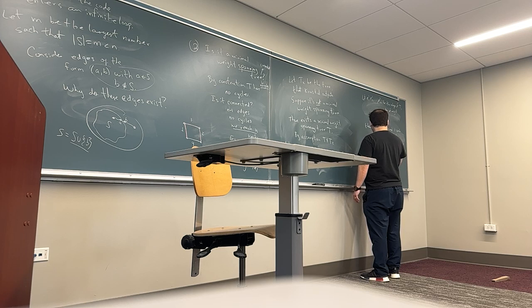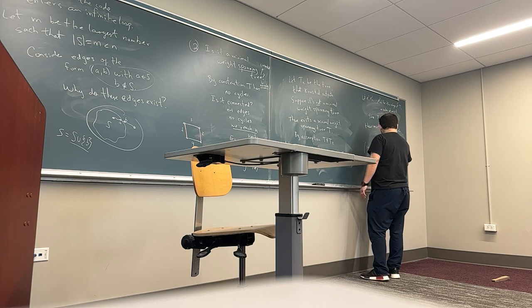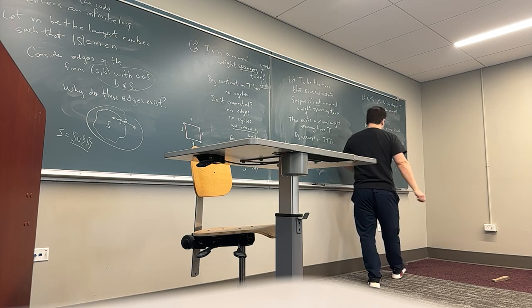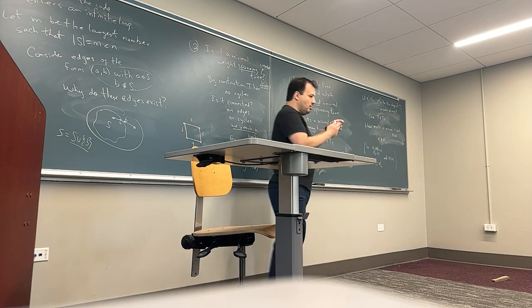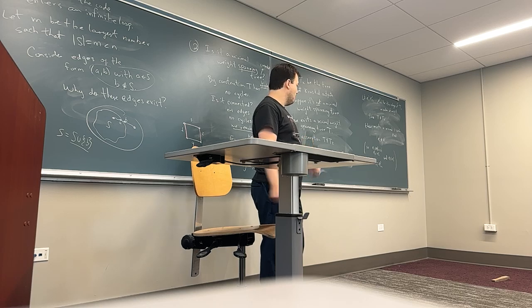So we would have E1 equals E1 prime, E2 equals E2 prime, Ei minus 1 equals Ei minus 1 prime, and Ei is not Ei prime. So at some point, the trees are not the same anymore.